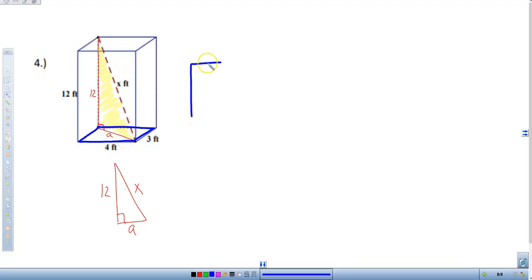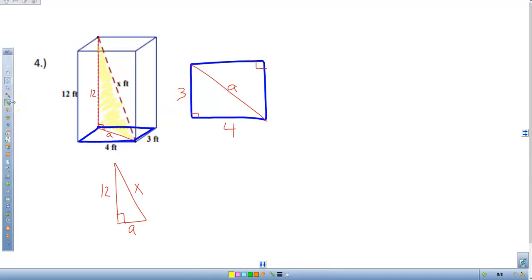So when I focus on the base itself, I know that the diagonal here has that length of A, and it's a rectangle, so it has right angles, right? And I know that this leg is 4, and this is 3. So now I'm going to use the Pythagorean theorem in this right triangle to figure out what A is. Really, in this problem, I'm using the Pythagorean theorem twice.